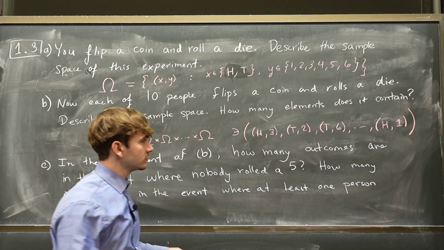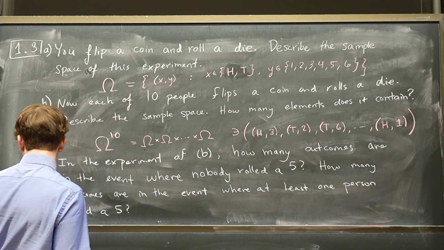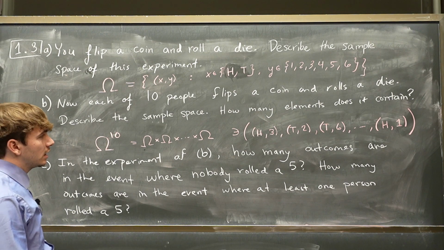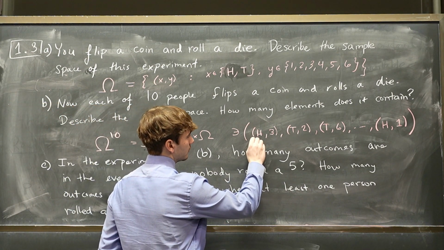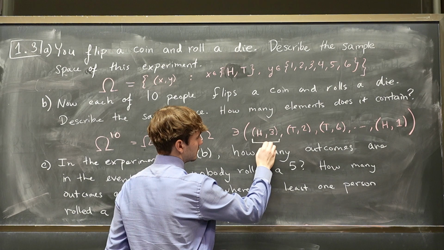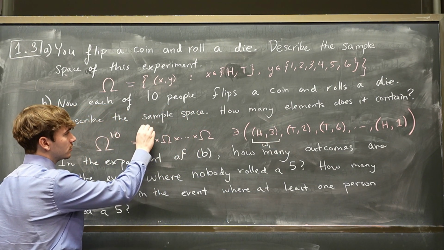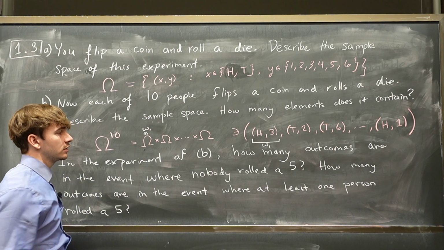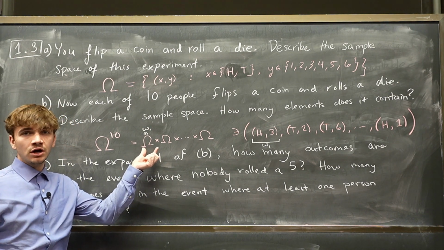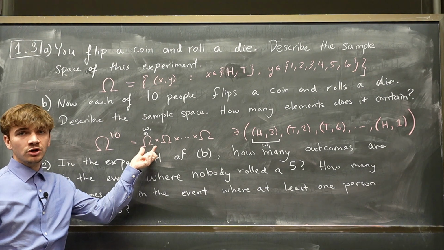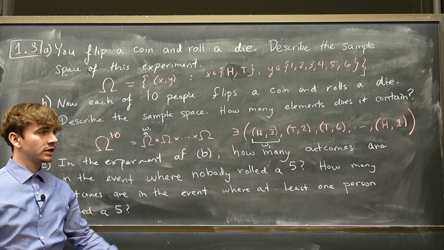Okay? So notice that this element here, let's call this omega 1. So omega 1 belongs to the first copy of capital omega in my Cartesian product.